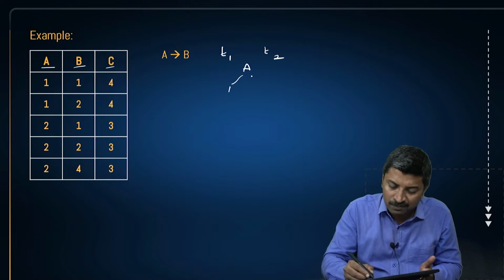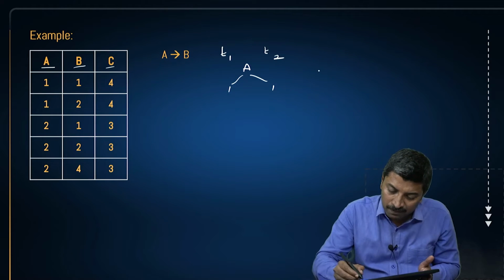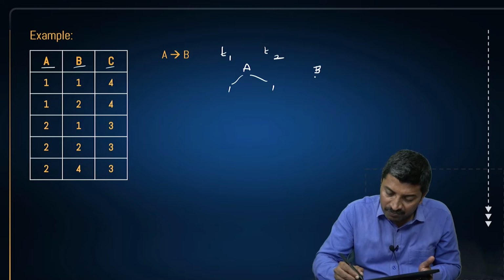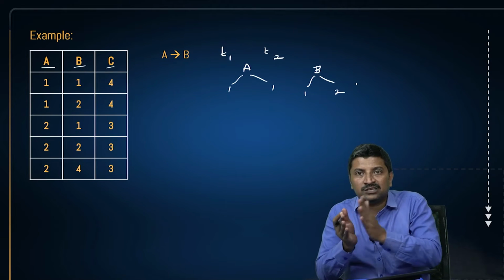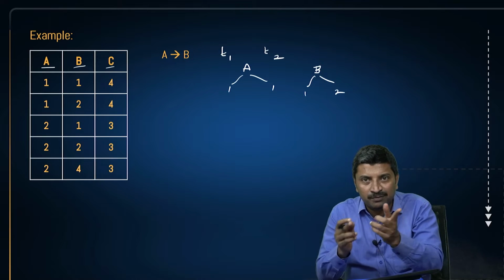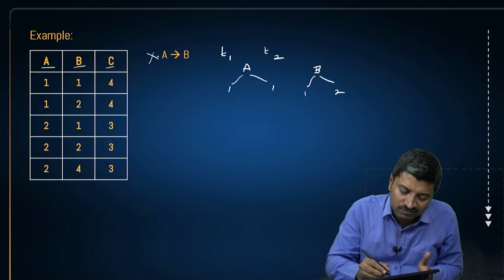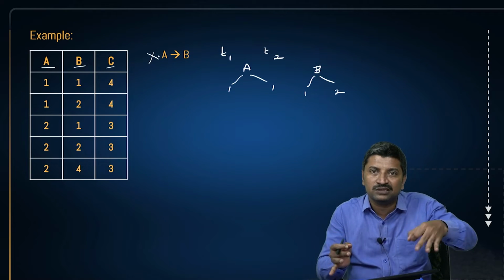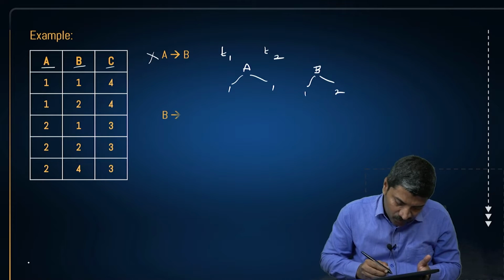What are the values, sir? 1. What about the corresponding values of B, sir? The corresponding values of B are 1 and 2. That means the tuples are having same value for left hand side, but they don't have same values for right hand side. So we say this functional dependency doesn't hold on this relation instance. Is that clear, sir?